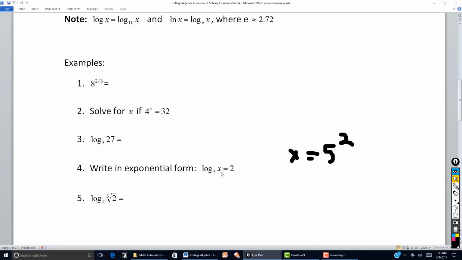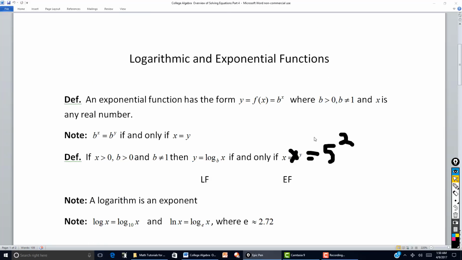If you look at the definition, y equals log of x to base b is the same thing as x then has to equal this base taken to that power. x has to be b to the y. Same thing we did.